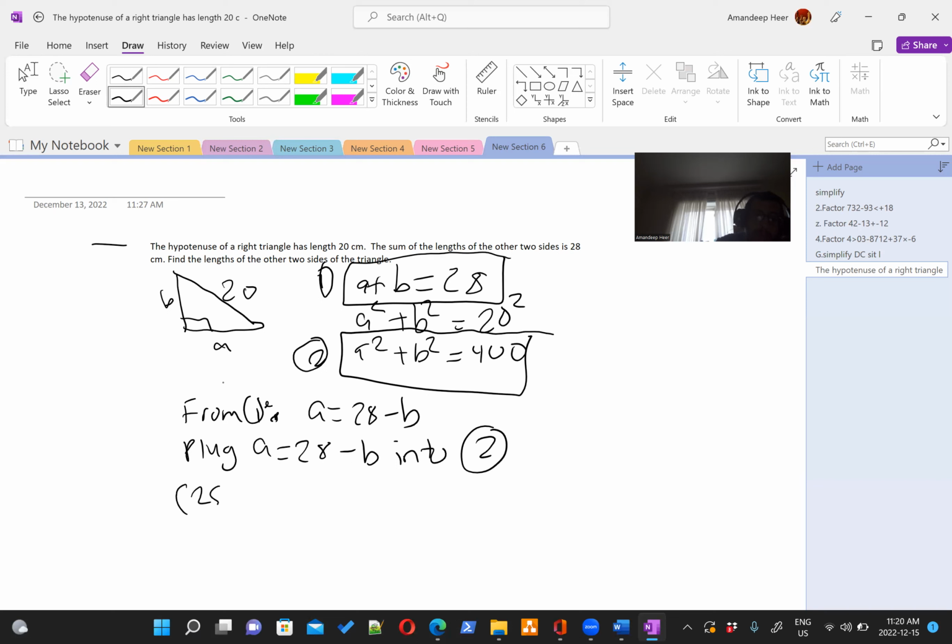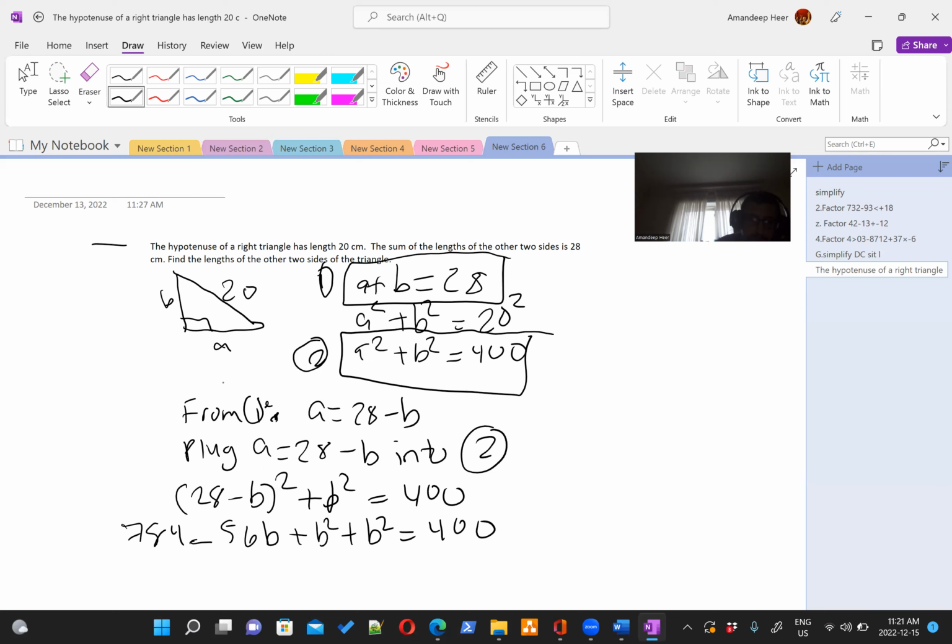So you're going to get (28 minus B) squared plus B squared equals 400. Now I'm going to expand (28 minus B) squared. What I get is 784 minus 56B plus B squared, plus B squared, equals 400.